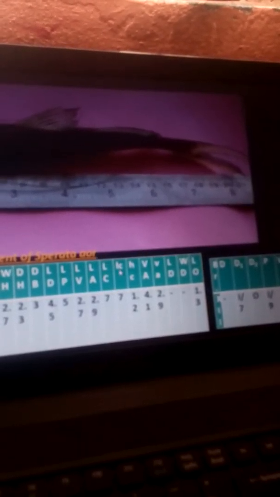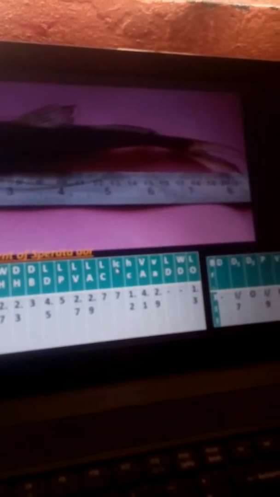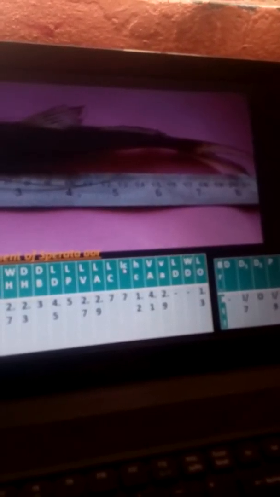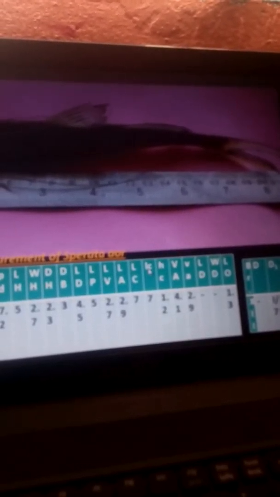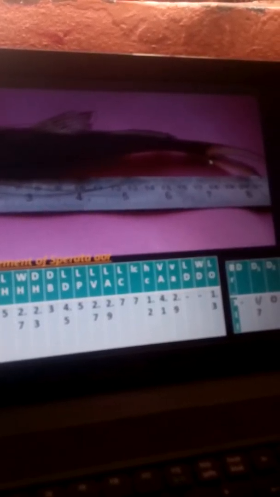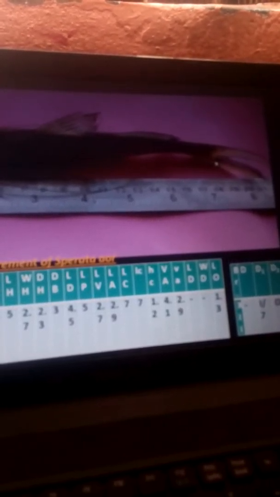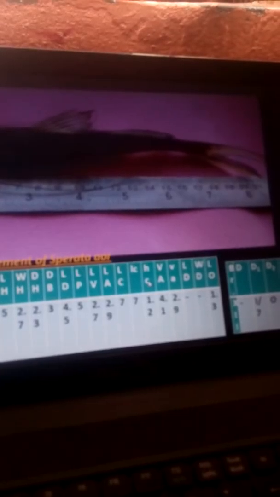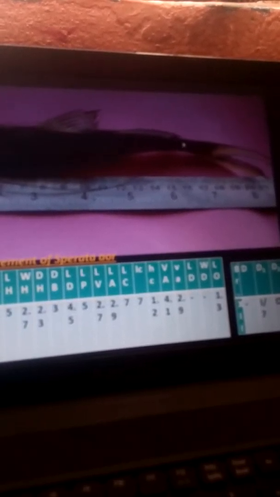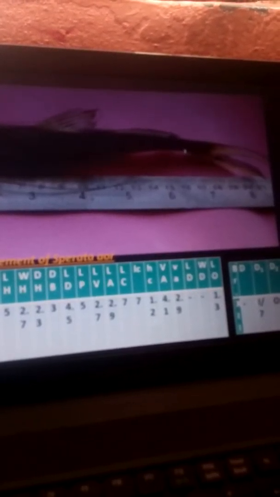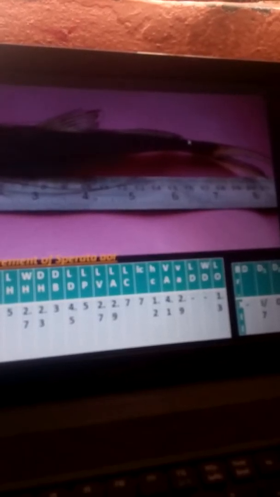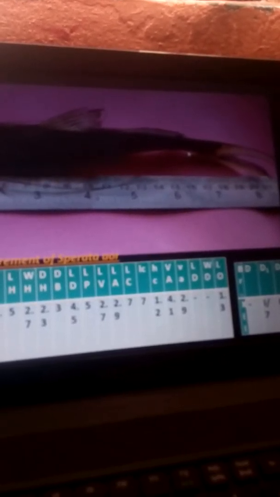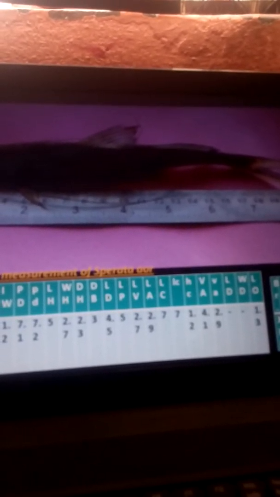Likewise, we have length of the caudal peduncle. It is the distance from the posterior region of the anal fin up to the caudal fin base. Height of the caudal peduncle means in this region from the top to the bottom we take the length vertically. It is known as height of the caudal peduncle.